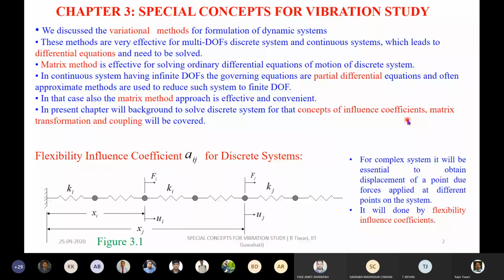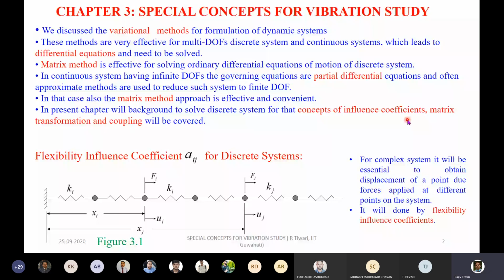So coupling, as we have been seeing in the mass matrix or stiffness matrix, indicates that the generalized coordinates in that particular matrix are connected with each other. If we disturb one, another will be disturbed because of this coupling parameter.